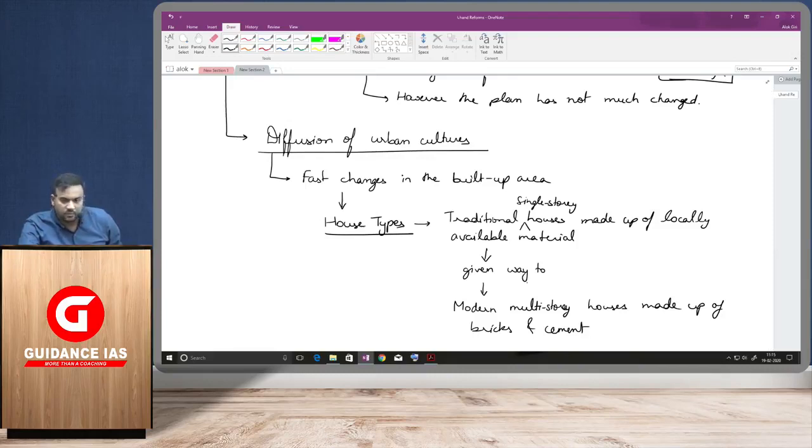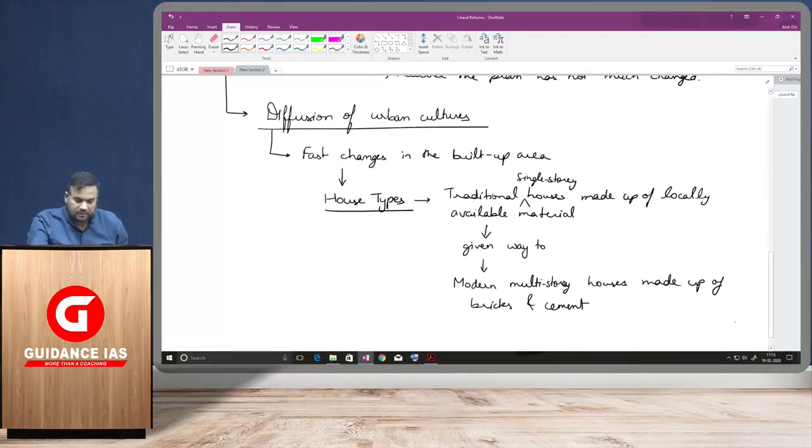The village site has become even more compact because of this situation. So this is one factor which is changing, and other forms of urban cultural influences can be very clearly seen in the habits of the people. But here we are concerned more about the morphology. So this is another change which has taken place.